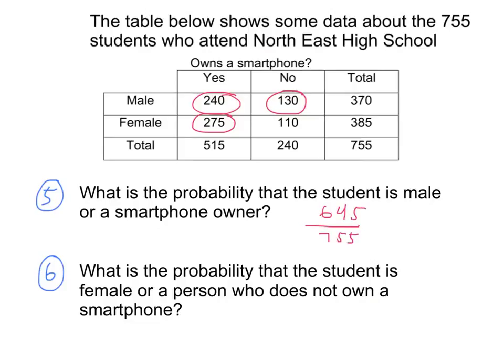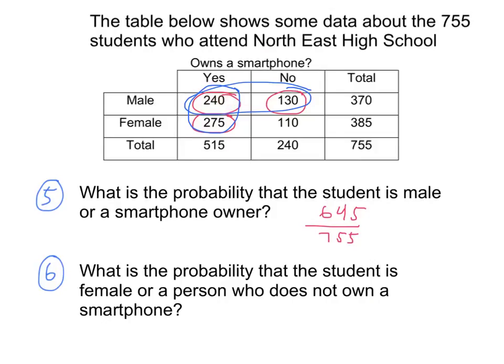One thing I want to caution you on. Some of you might have been thinking, can't we just add all the males and all the smartphone owners, 370 plus 515? Well, if you do it that way, you would count all of the 515 and you would count all of the males, but you would double count this group.